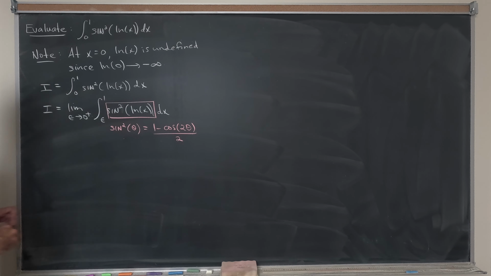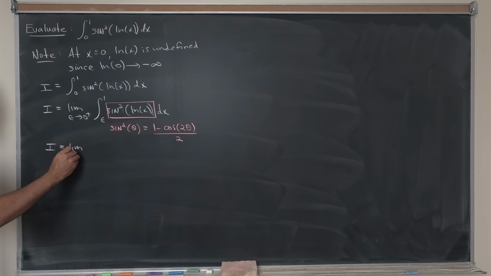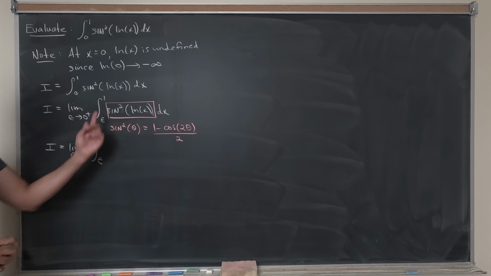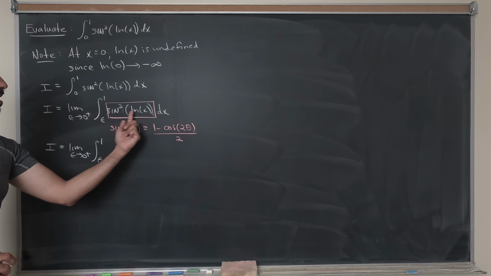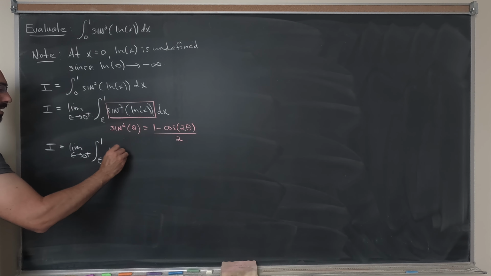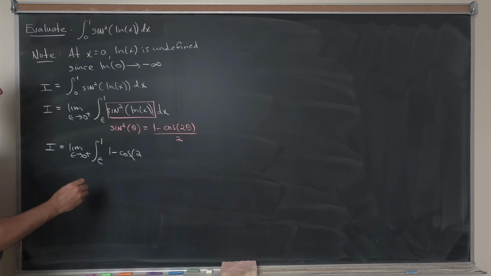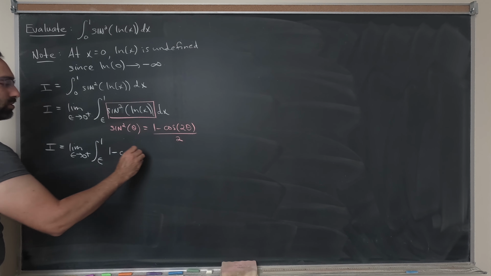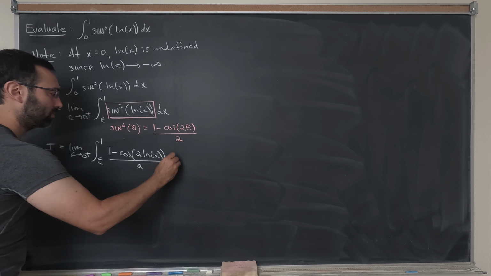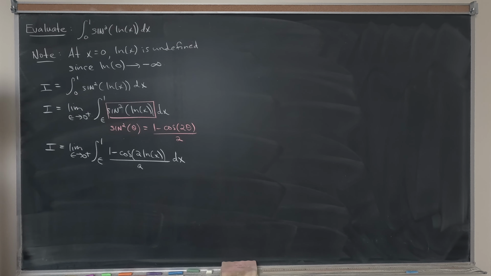And if we make use of that identity, we now have that our integral I is the limit as epsilon approaches 0 from the right of the integral from epsilon to 1 of, well, our argument here is ln of x, that's our theta. So we can write 1 minus cos of 2 times theta, which is ln of x, all divided by 2 dx.